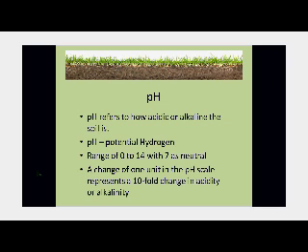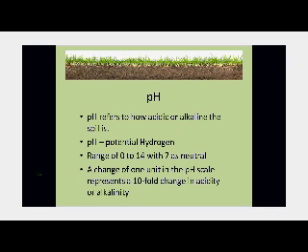Your range of pH goes from 0 to 14. 7 is considered the neutral point. Of course, being lower than 7 increases in acidity. Above 7 increases in alkalinity. A change of 1 unit in the pH scale represents a 10-fold change in acidity or alkalinity.